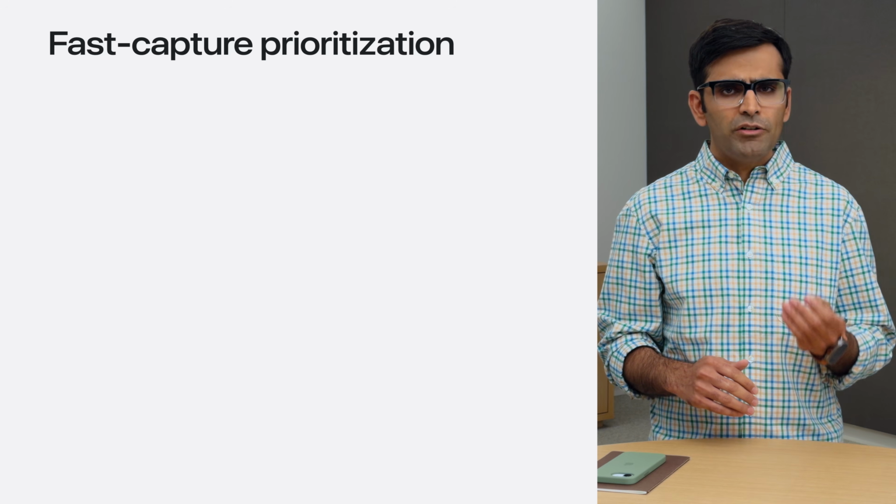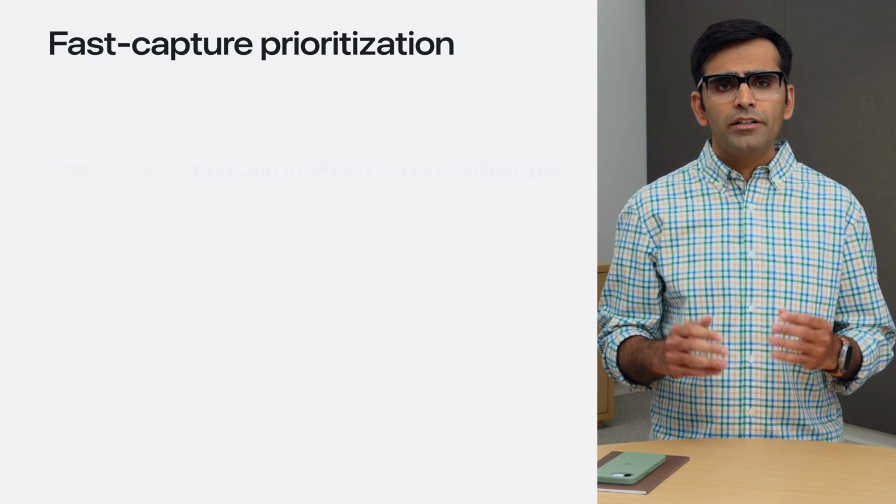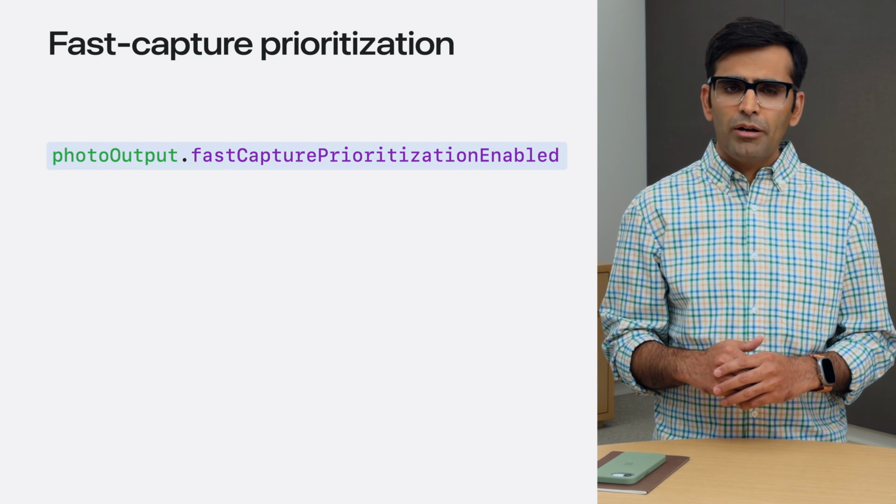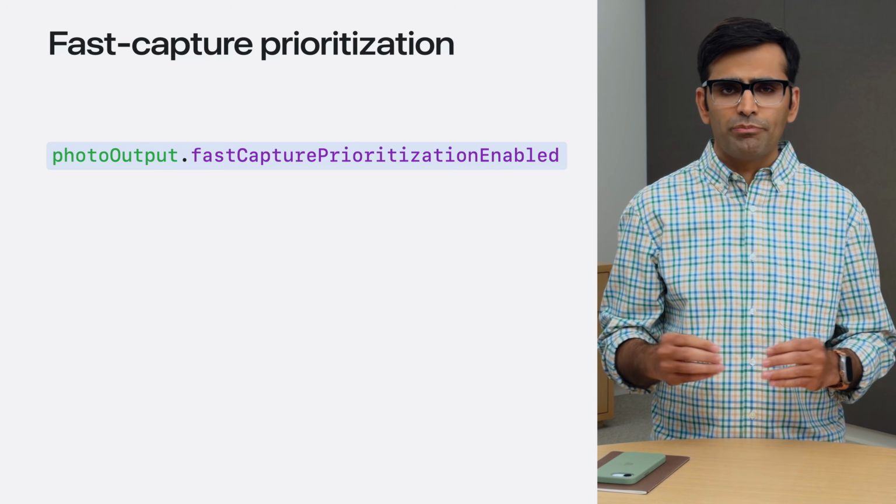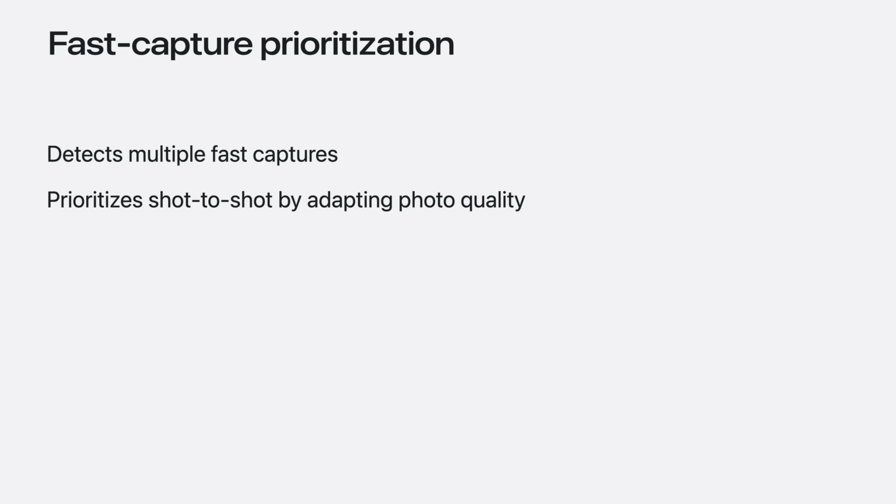To prioritize responsiveness even further, turn on the fastCapturePrioritization property on AVCapturePhotoOutput. When you turn on fast capture prioritization on the photo output, the system detects when someone takes multiple captures in quick succession. It then adapts the photo quality from the highest quality setting to a balanced quality setting.